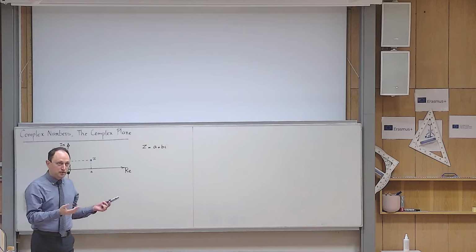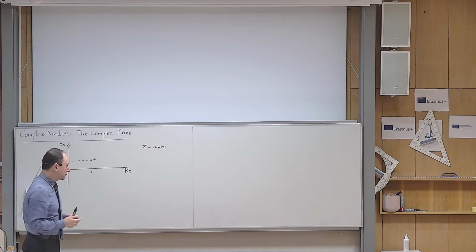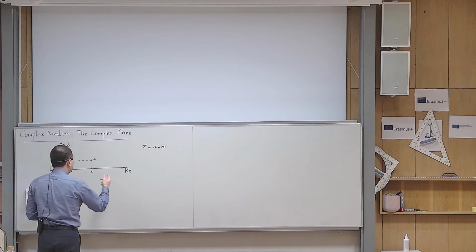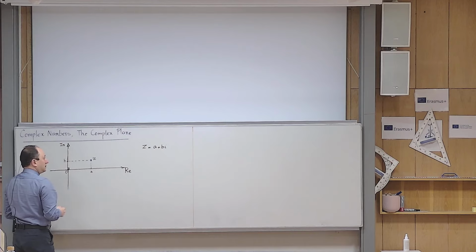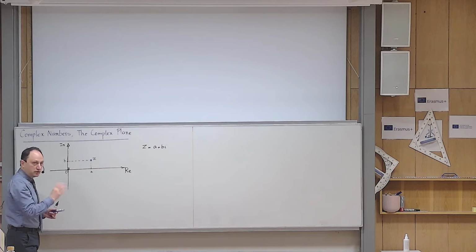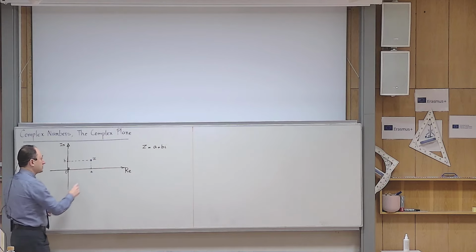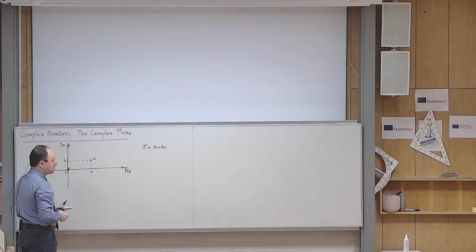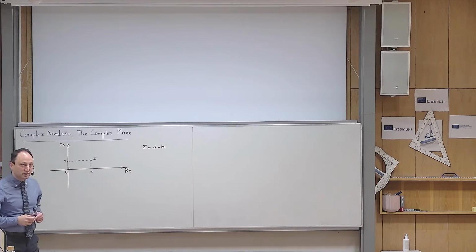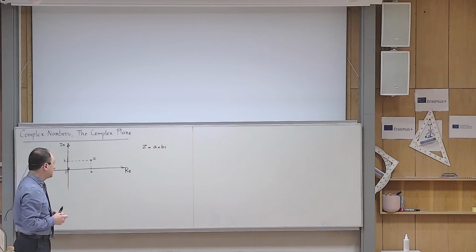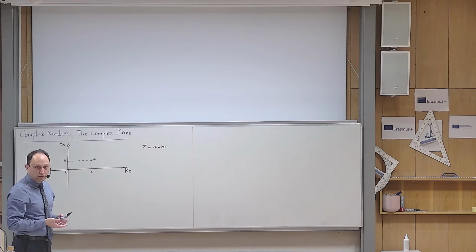One is an abstract number that lives in your imagination. Secondly, if you want something more tangible, you can visualize it as a point on the complex plane, whose x-coordinate is the real part, and whose y-coordinate is the imaginary part. Is that clear?